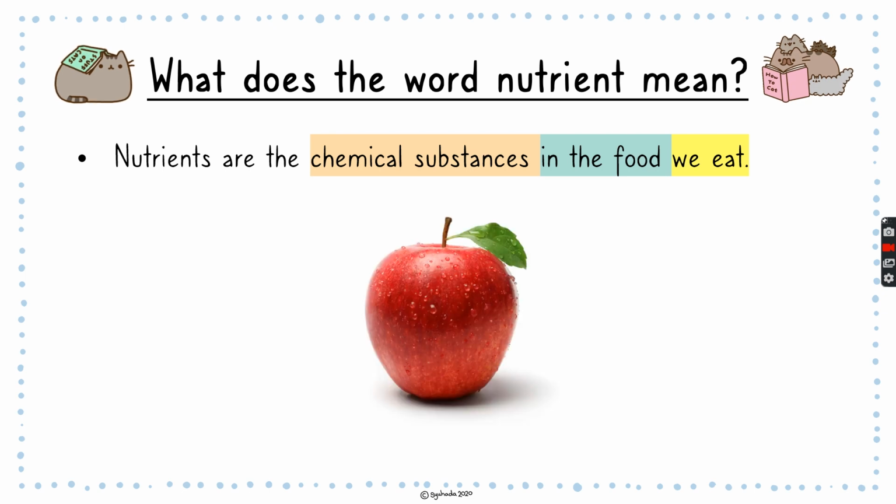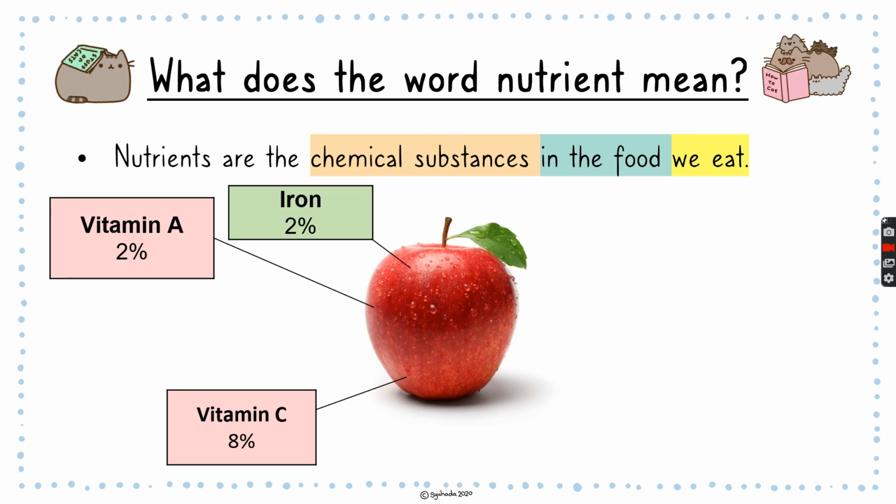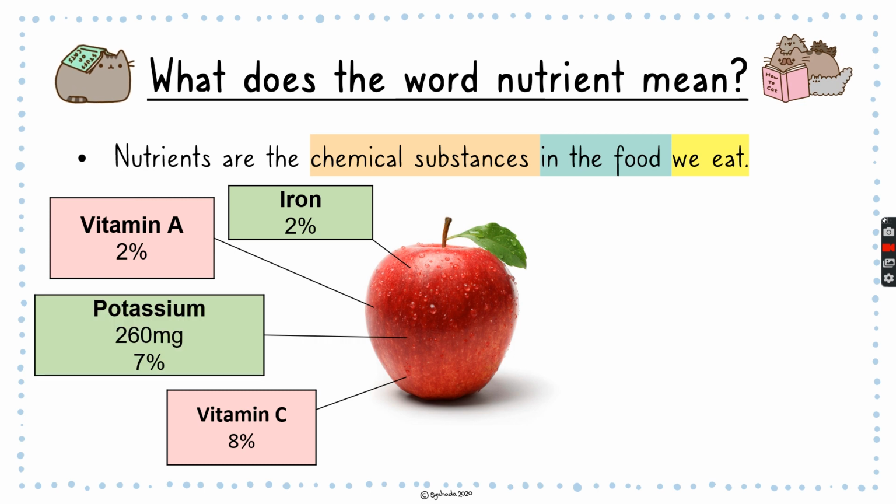Here is an example of a type of food that the doctors would recommend. An apple a day, they say, is really good for you. In this apple itself, you can find a lot of types of chemical substances. Apples are known to have good vitamins, so it contains vitamin A and C, but it also contains minerals like iron and potassium.